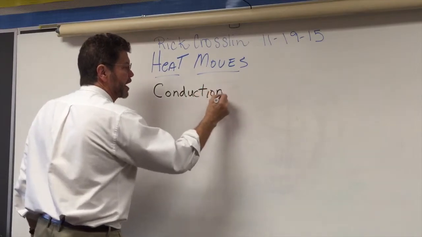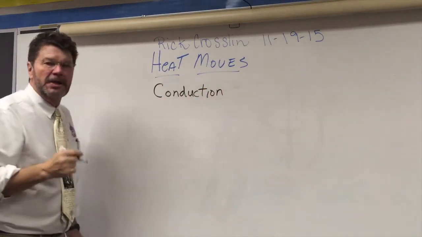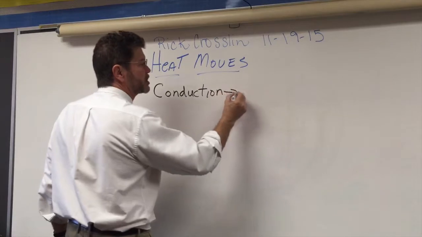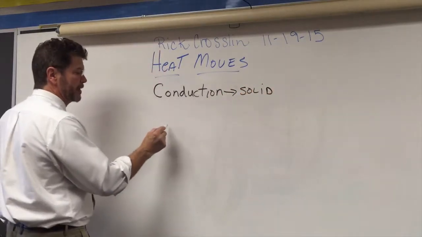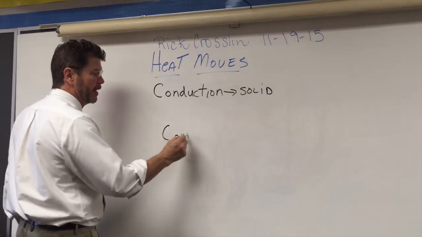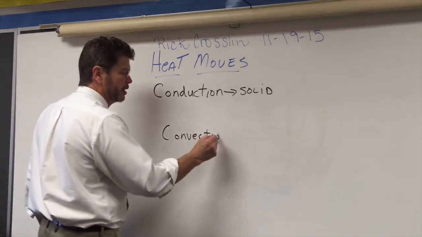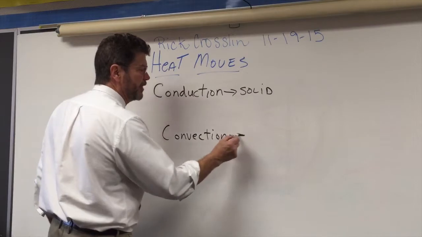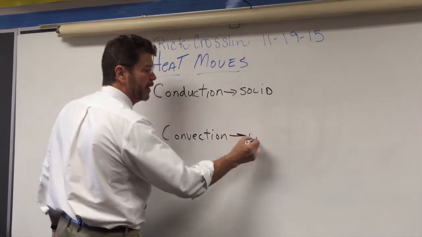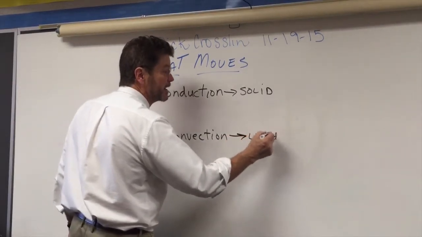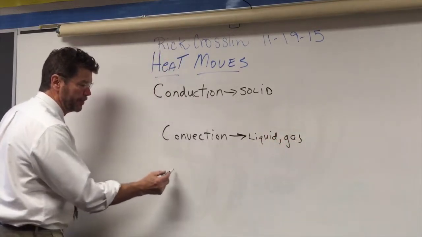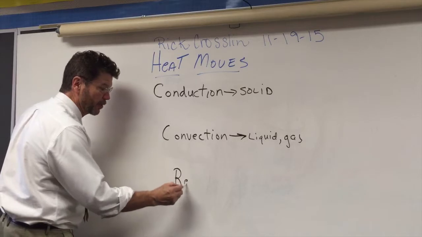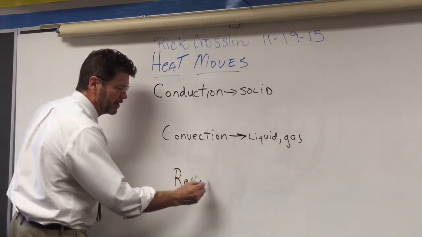conduction. Everybody say conduction. That's when heat goes through a solid. And then we're going to talk about convection, and that's when heat goes through a liquid or a, what do you think? Gas. And then we're going to talk about another type of heat called radiation. You guys are well prepared. Radiation.